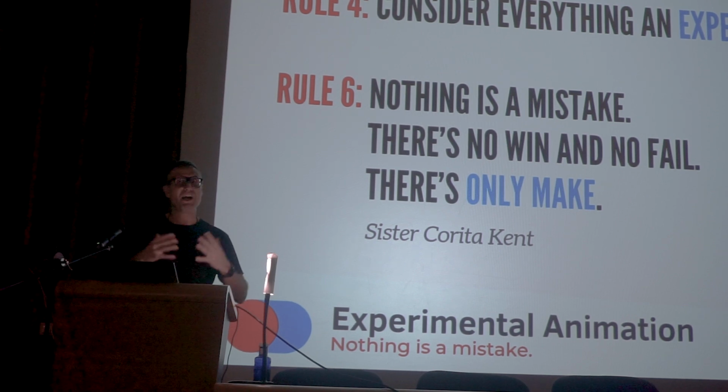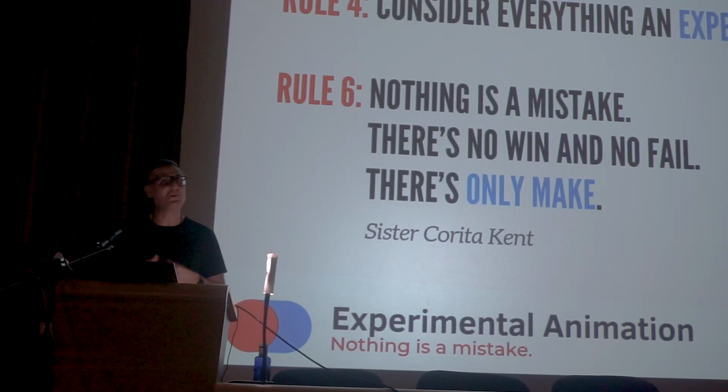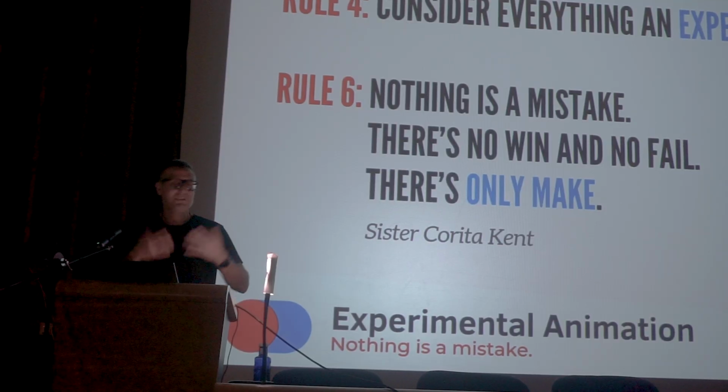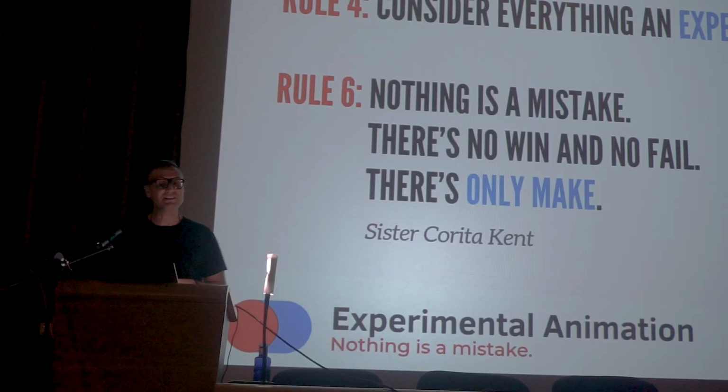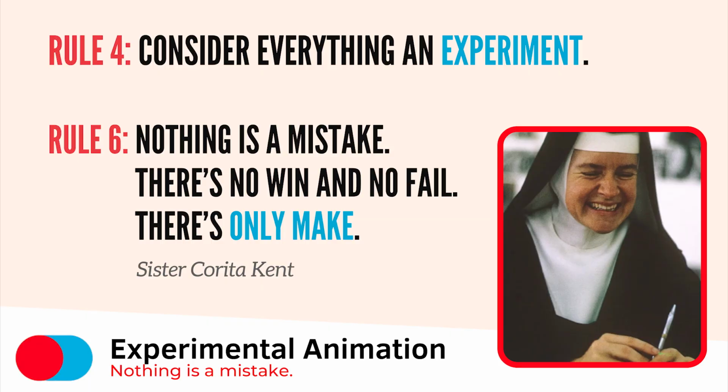This removes the pressure for the artist. Don't worry about the output. Just make. That's the idea. John Cage, the musician and artist, later popularized these 10 rules, but the original was Sister Corita Kent.